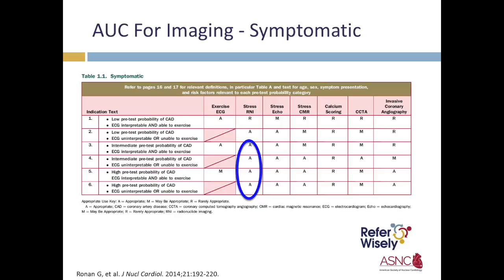Certainly stress radionuclide imaging in this particular situation would be appropriate if she had intermediate or high pretest probability. And so based on that, stress myocardial perfusion imaging with pharmacologic stress testing was carried out.